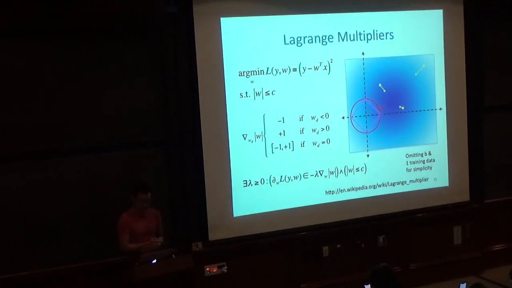It is a polyhedron. So, if we are at this point on the boundary, that's the gradient with respect to the loss function, and then we project down to the boundary, and we keep going.